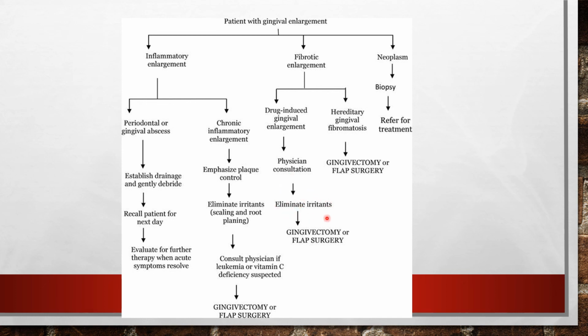Even after scaling and root planing and substitution of the causative drugs, they can go for gingivectomy or flap surgery if needed. For hereditary gingival fibromatosis, because of the increased fibromatous content, they can go straight away for gingivectomy and flap surgery for aesthetic purposes.